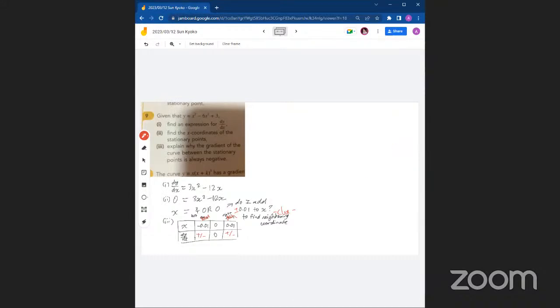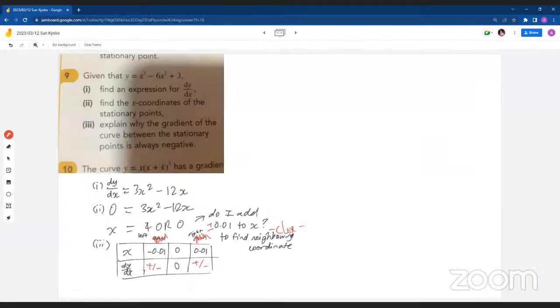Kyoko, are you stuck? Okay. Right. So that's the 0 point. So your conclusion is what?